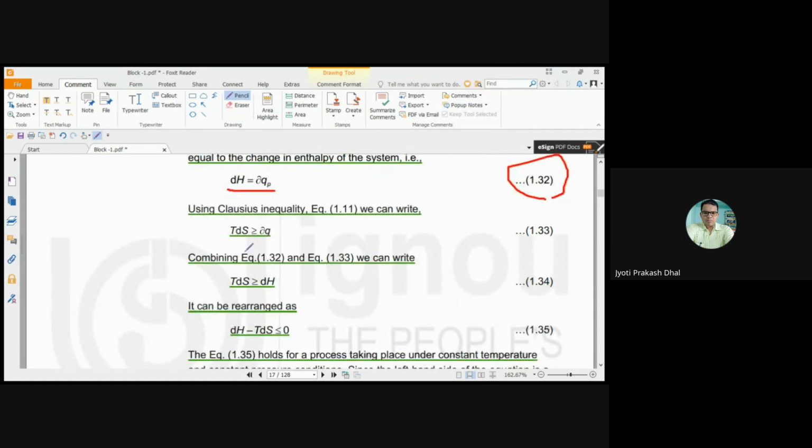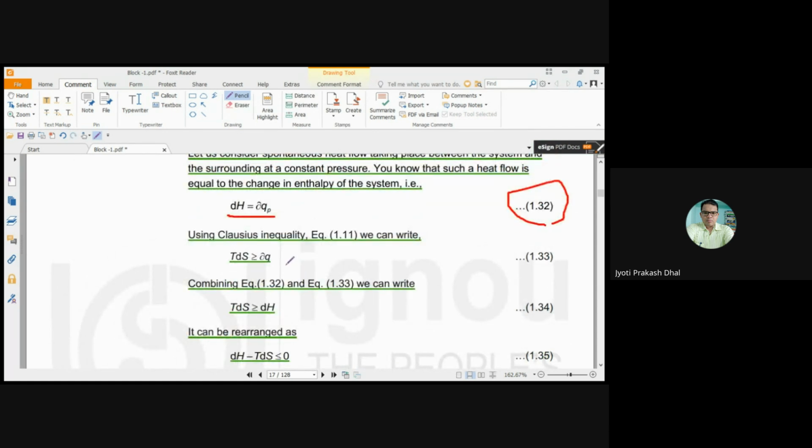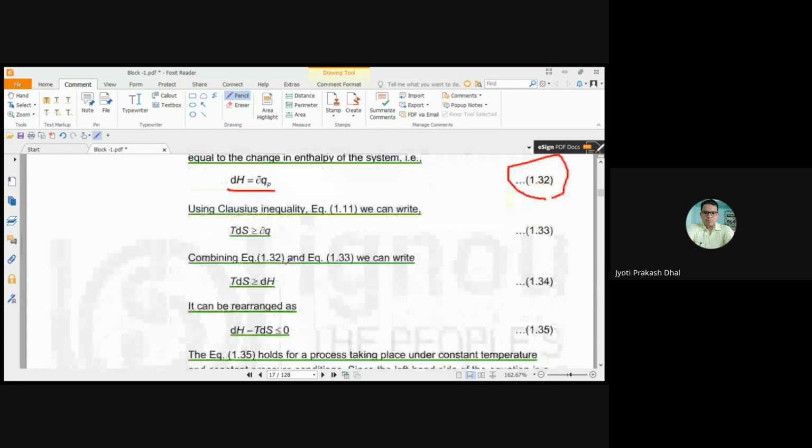And again, if we apply the Clausius inequality, a similar derivation follows. For the Helmholtz function, we also applied the Clausius inequality. Here for the Gibbs function, if we apply the Clausius inequality, that is TdS is greater than or equal to del Q, that is equation 1.33.